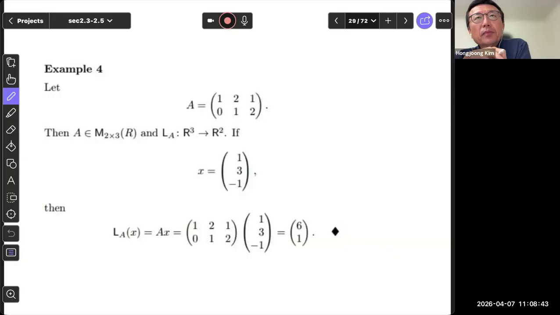So given this A matrix, if x consists of this 1, 3, -1, L sub A maps this x vector to A times x.